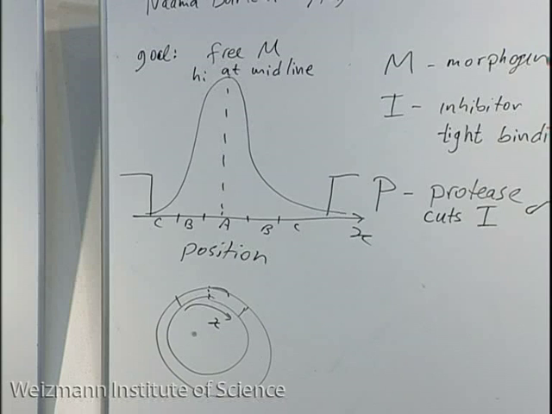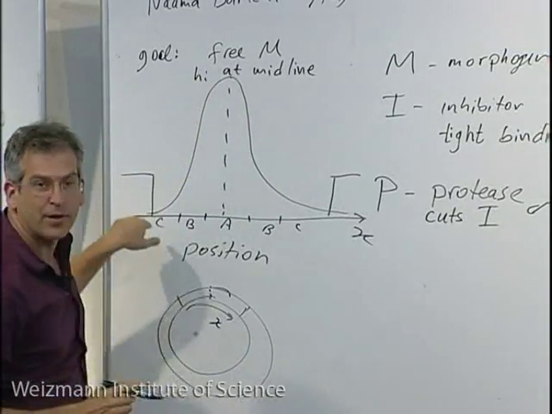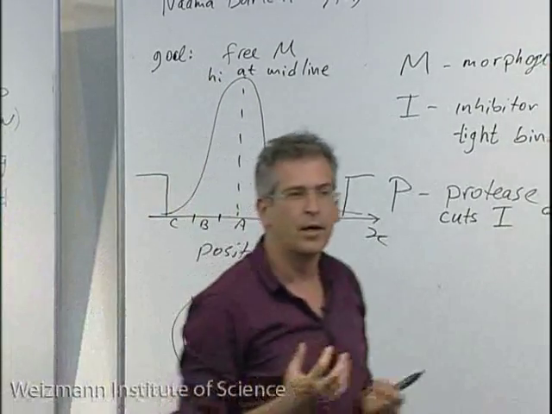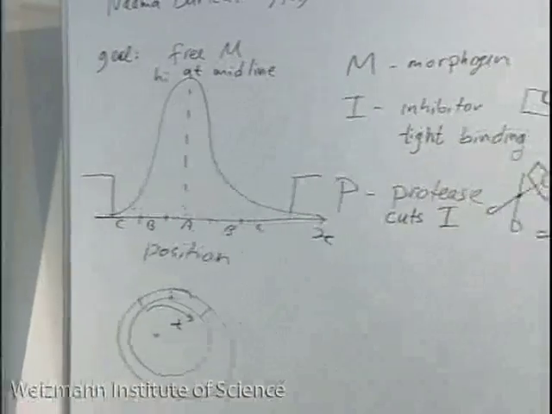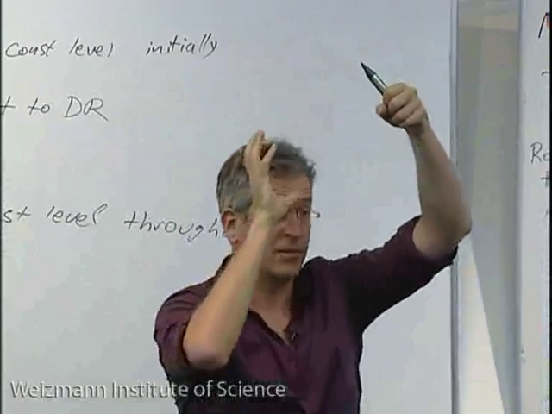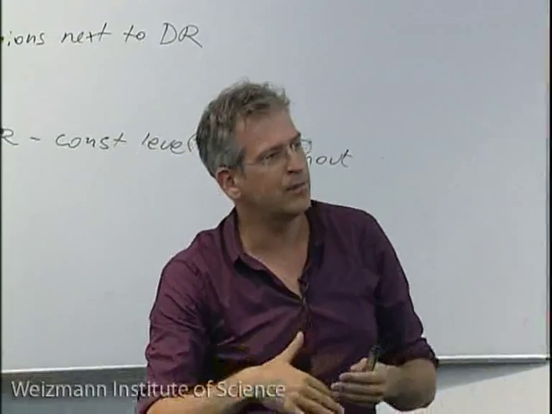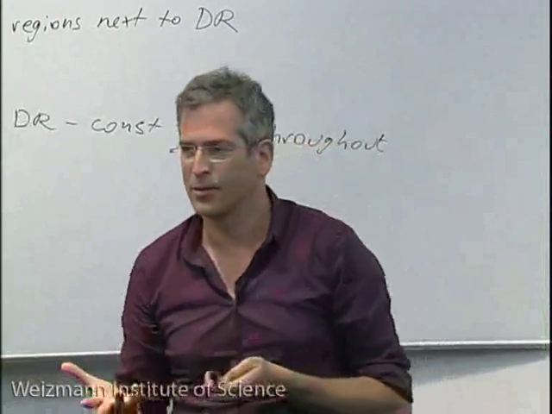You can measure this activity profile. You take the cells and hook up the signaling pathway that detects the morphogen so that when it's active, it makes green fluorescent protein, the protein from jellyfish I told you about.